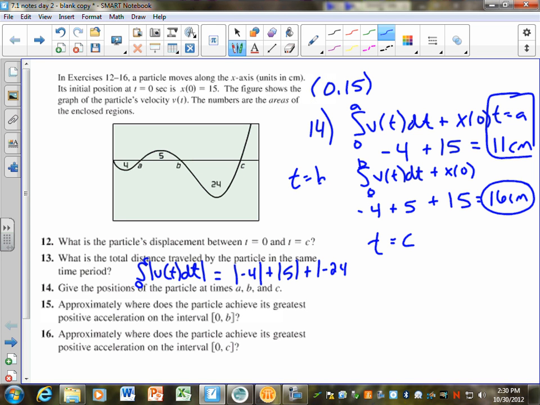15 and 16, it says approximately where does the particle achieve its greatest positive acceleration on the interval from 0 to b? So first thing to notice on number 15 is we're just looking right here from 0 to b.